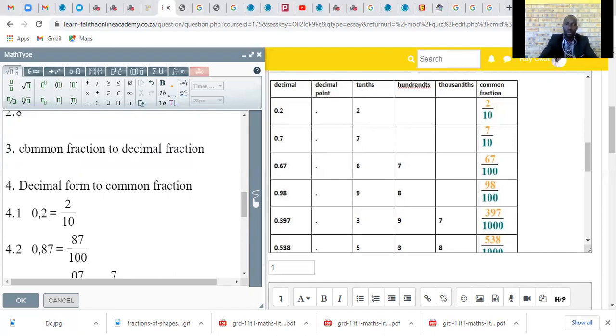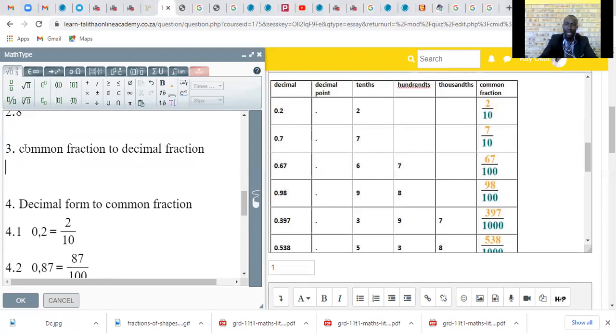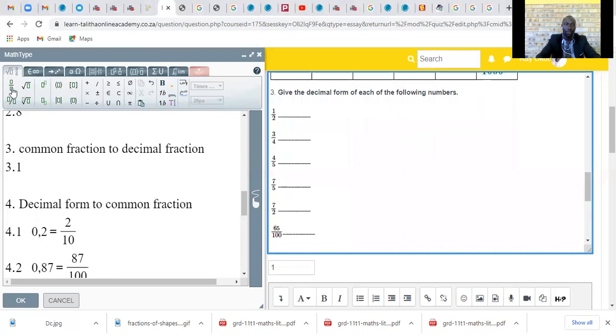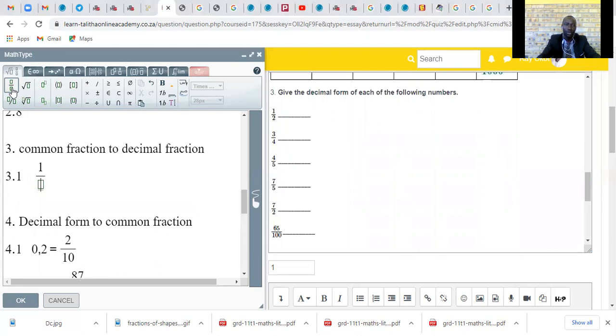And so we move to 3.1. So then what do we have for 3.1? Well, for 3.1, we have 1 divided by 2. So how do we write this common fraction as a decimal fraction?